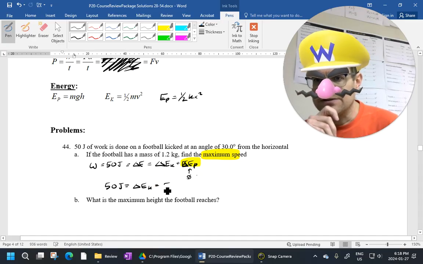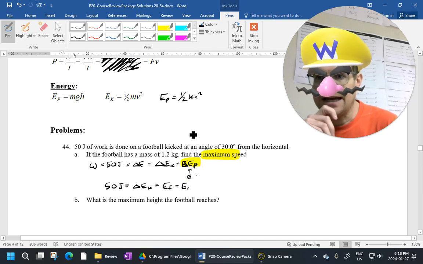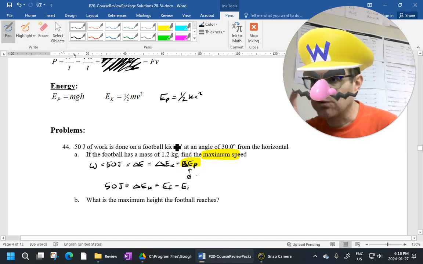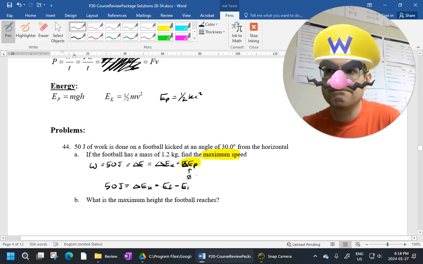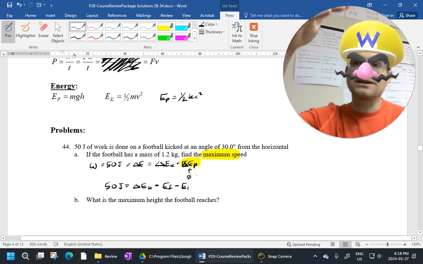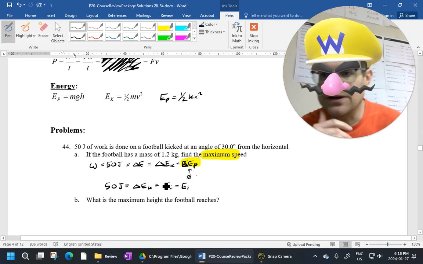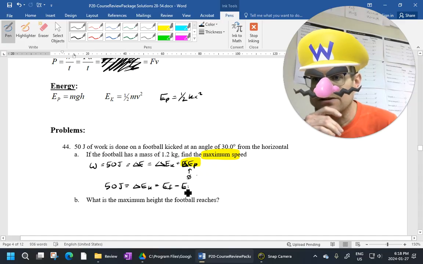Which, remember, this is also equal to final minus initial. And most footballs are kicked from rest, right? They're not like in the air flying through and the guy just flips up his foot and kicks like crazy. We can also assume that this is also 0, right? Which kind of makes sense.